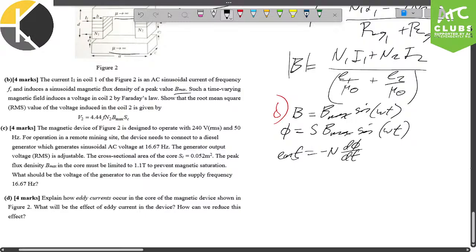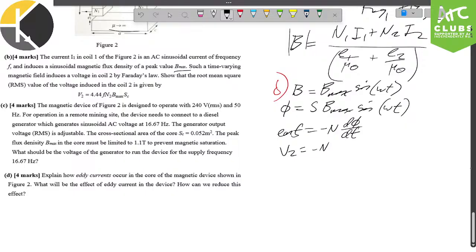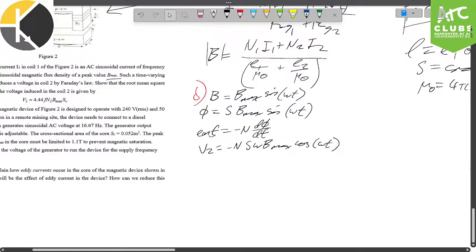Okay, this is the most typical one for them to use. Not to say that they can't use other ones to trip us up, but this is the one we see here. So we get V2 is going to be equal to minus N times S omega B max cos of omega t. So let's look at this. This is looking pretty nice so far.